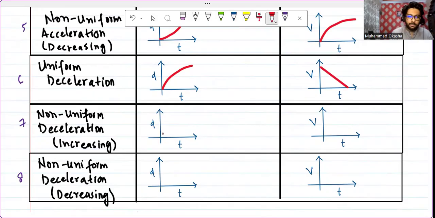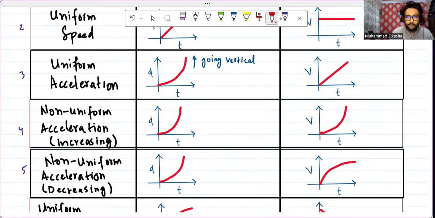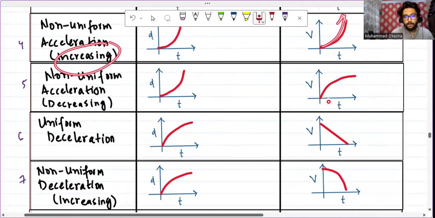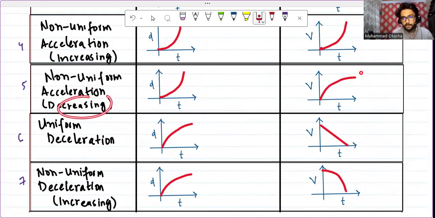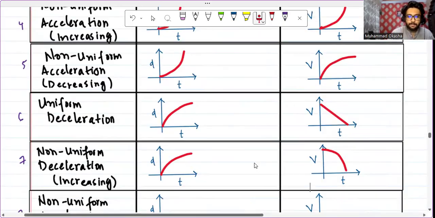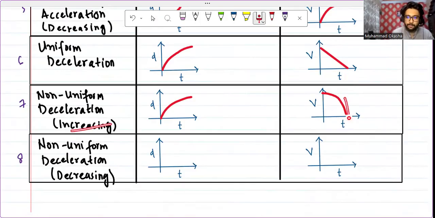A decreasing uniform deceleration looks like this, while an increasing uniform deceleration looks like this on a distance time graph, going vertical but in the downward direction. Whenever there's something increasing, it's always going vertical. Decreasing, going horizontal. In this case, this is increasing, so it's going vertical but downwards.